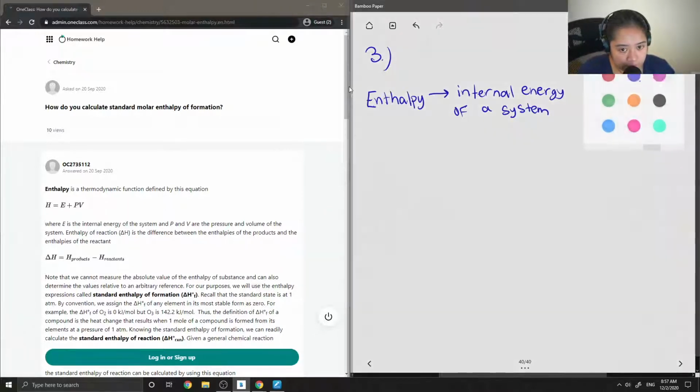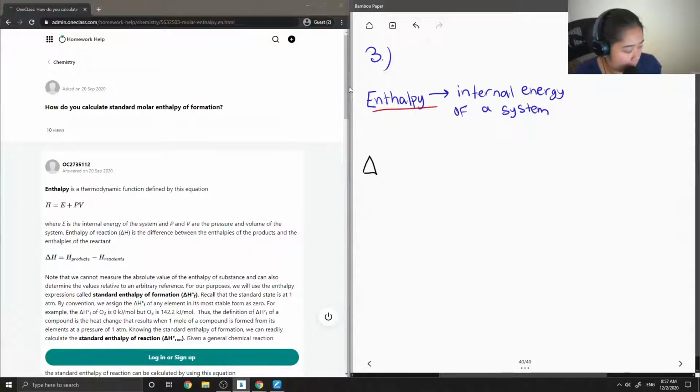So when we want to find the enthalpy of a reaction, it can be any reaction like a combustion reaction, or in this case, enthalpy of formation, it would just be the following. So let's say we had just a balanced chemical reaction.